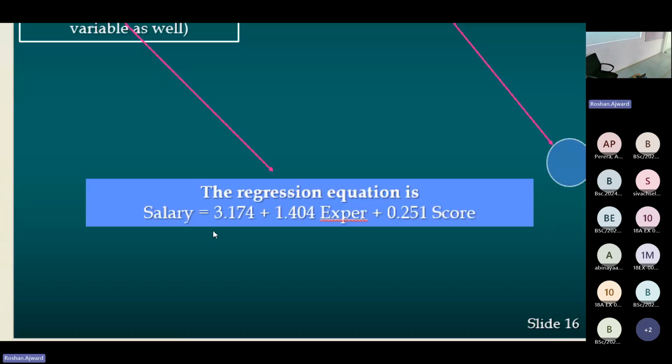Right. Now let's do a prediction. Please take down the question.